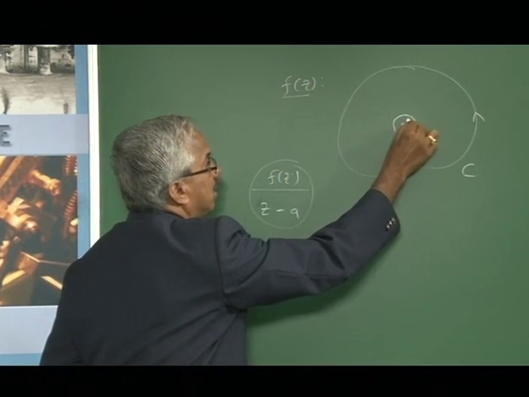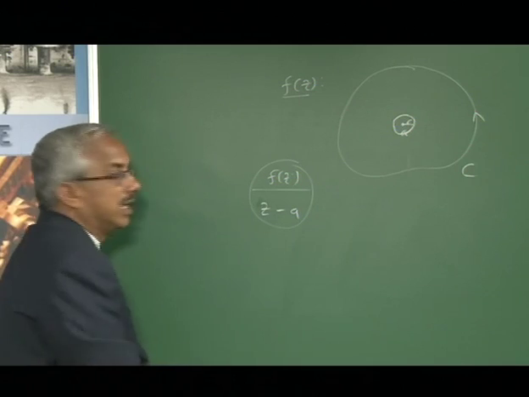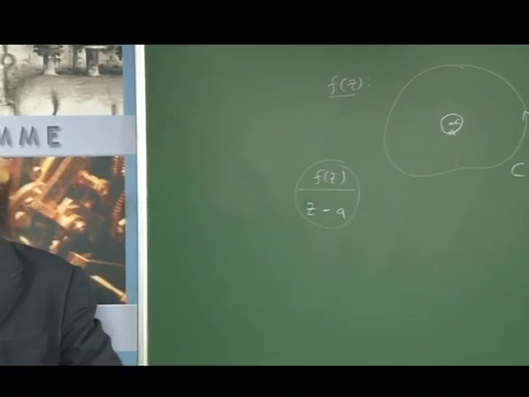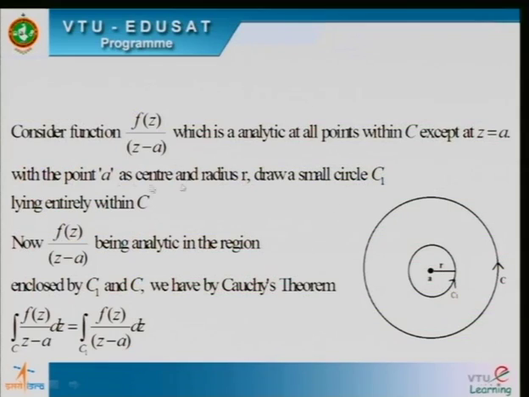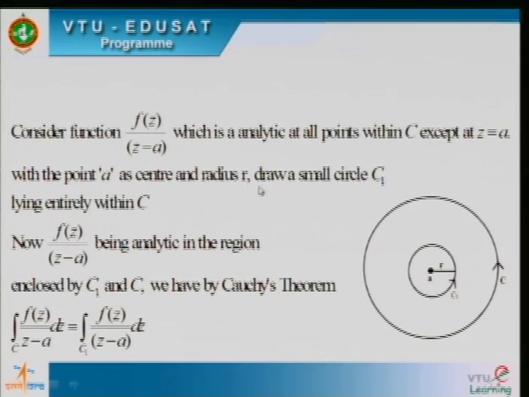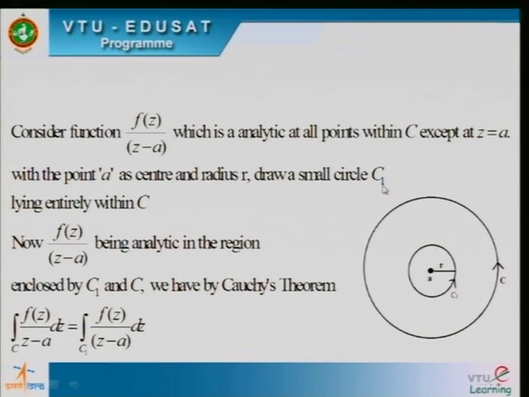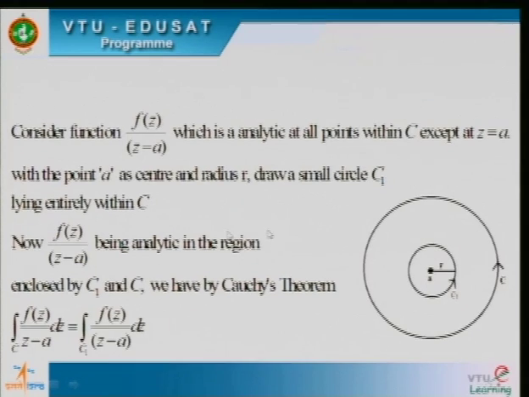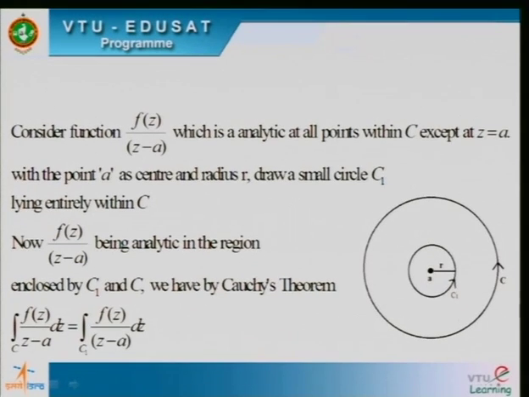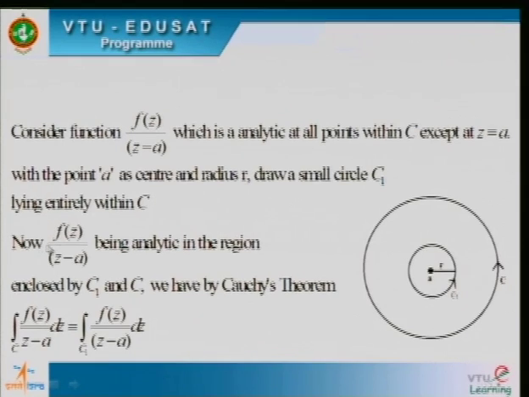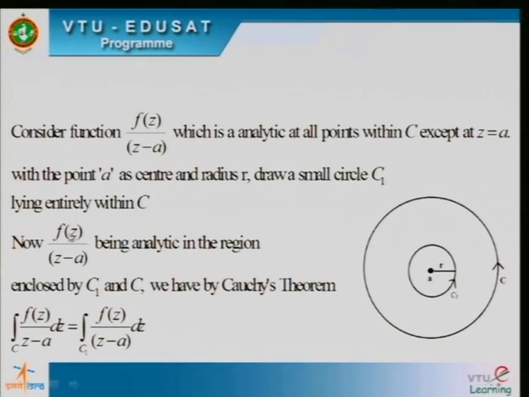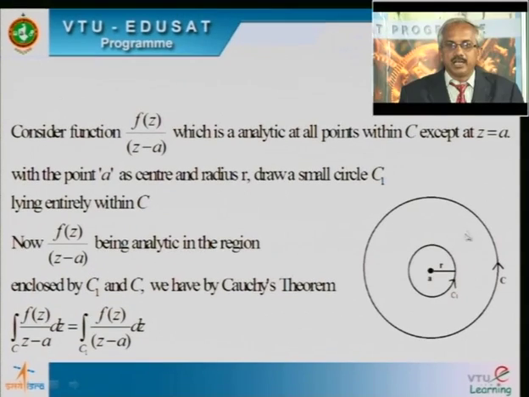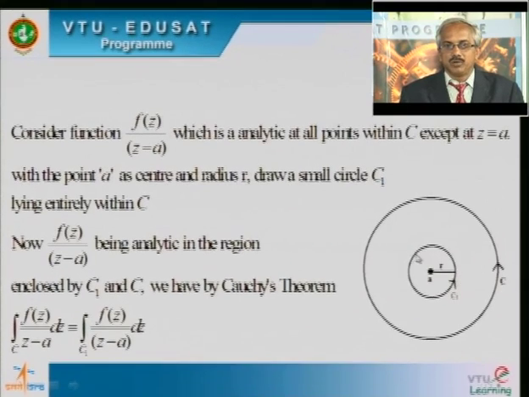Take a circle with the smallest radius R, with the point A as center, and draw a small circle C1 inside the closed curve, lying entirely within C. Now the ratio f of z divided by z minus A is analytic in the region bounded by the curve C and the curve C1.